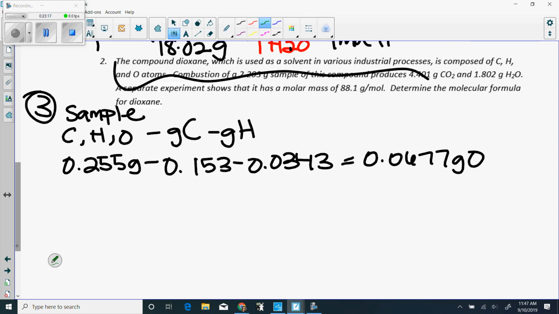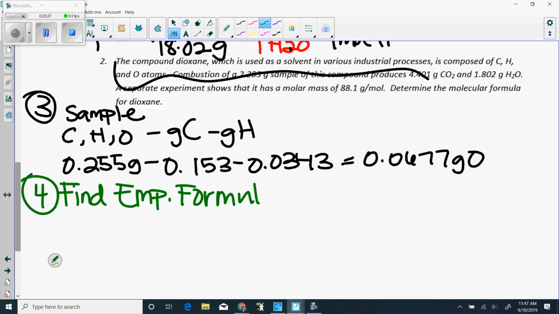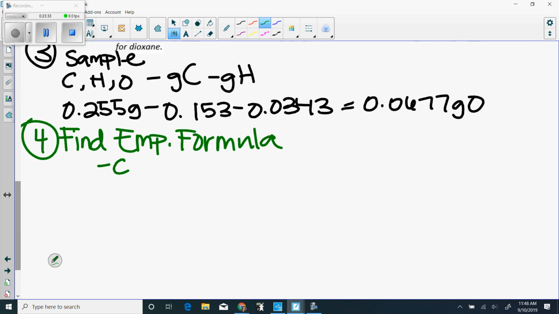Round 2 is now to figure out the empirical formula, because that's what it wants us to do. This may or may not be fresh in your mind, depending on if or when you did the summer homework. To find the empirical formula, first we have to convert to moles. Got to compare apples to apples.